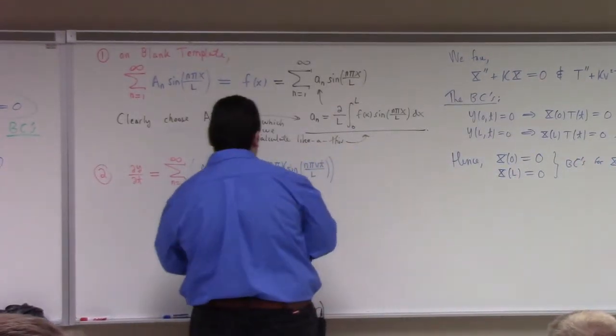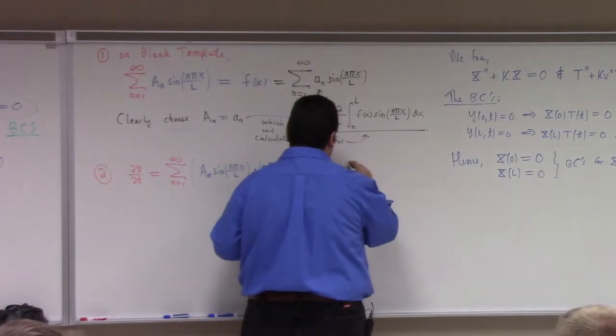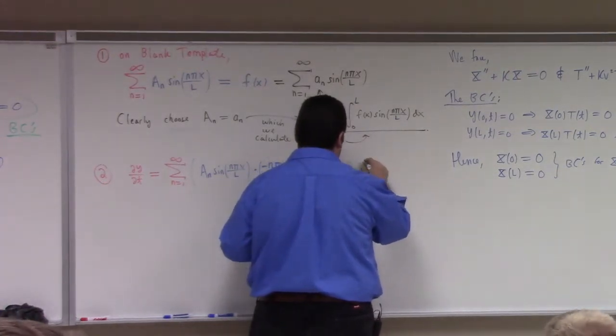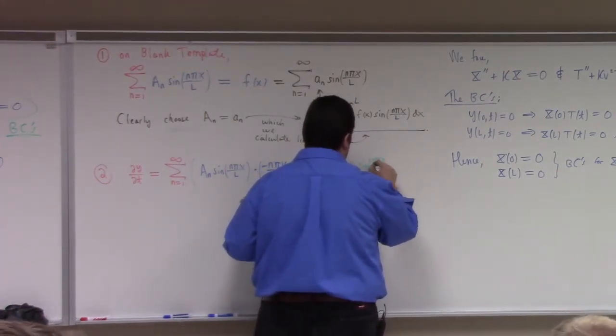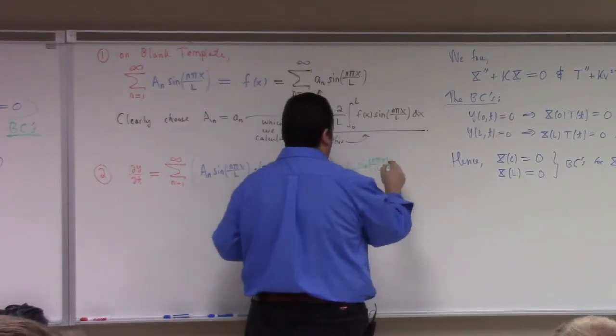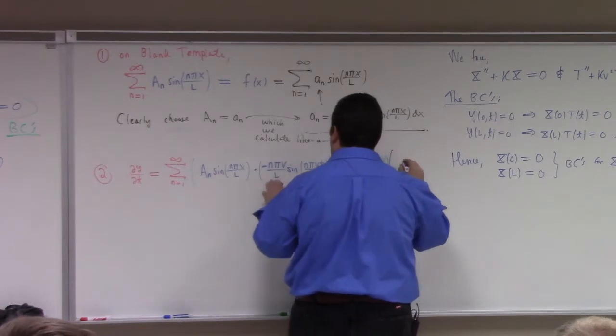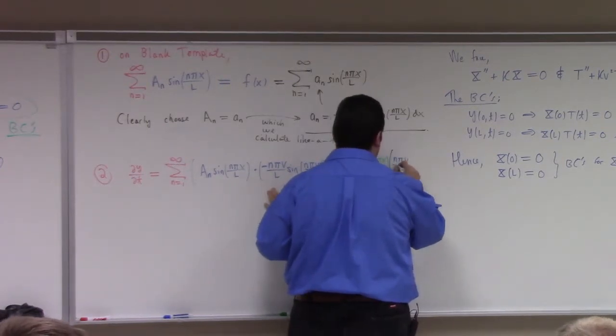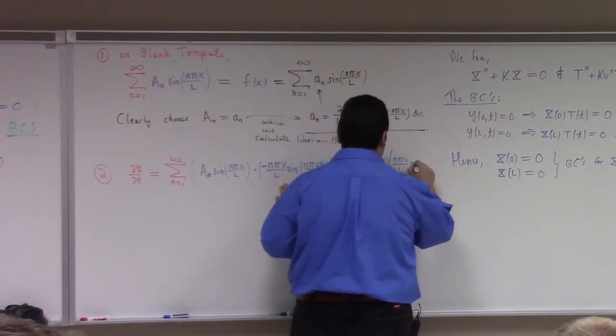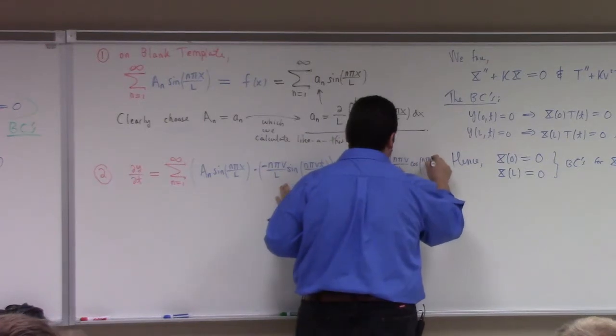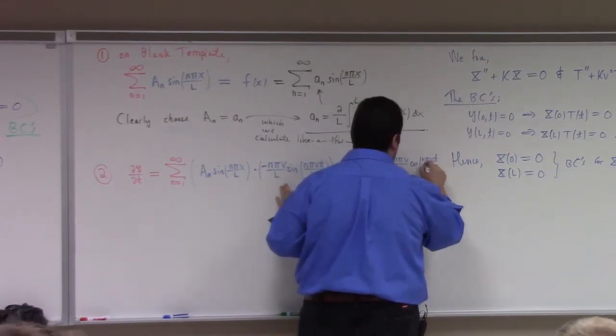Second piece here, plus b sub n, again, the sine n pi x over L, right? And then I get n pi v over L, right? Times the cosine of n pi vt over L.